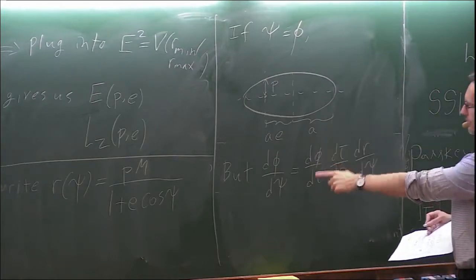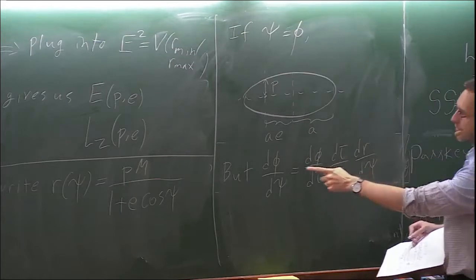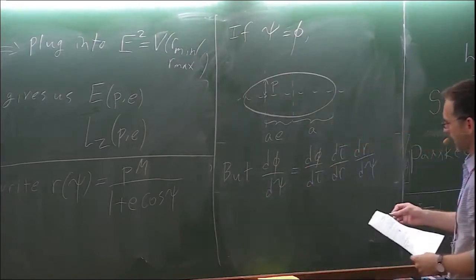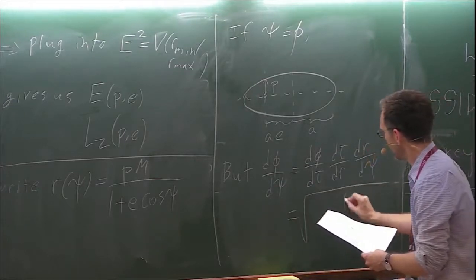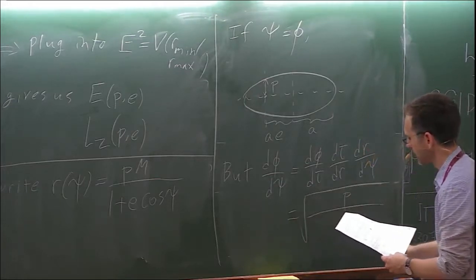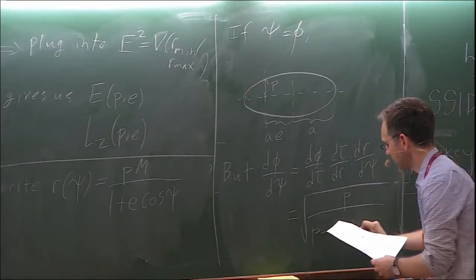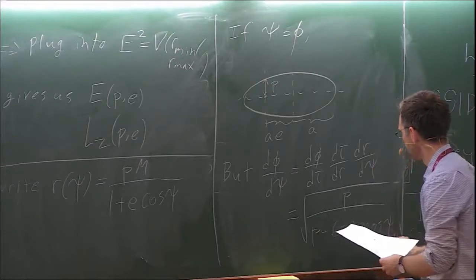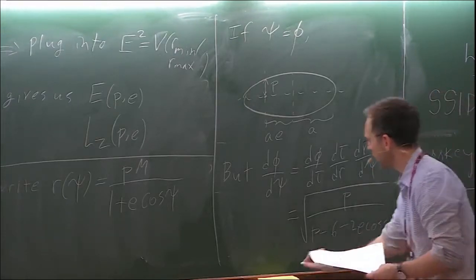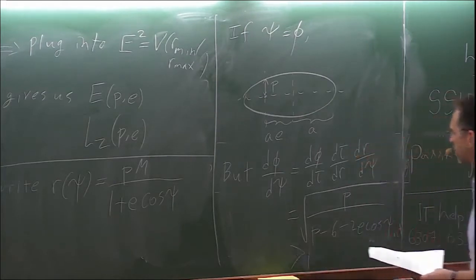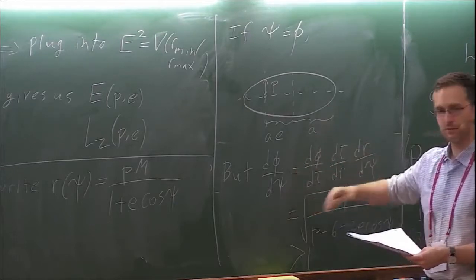So if we substitute phi dot and 1 over r dot, and we just take a derivative of this with respect to psi, what you find is that d phi d psi is the square root of p over p minus 6 minus 2e cos psi. And this is always bigger than 1. So phi is always increasing faster than psi.